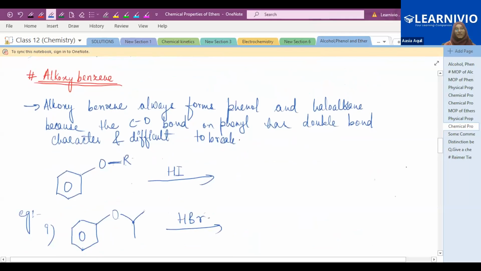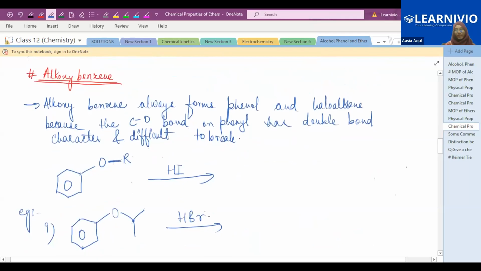Okay, next thing is alkoxybenzene. If there is alkoxybenzene, how will you break the bond? Again, this is an unsymmetrical type of ether. So when alkoxybenzene is given, it will always form phenol and haloalkane.